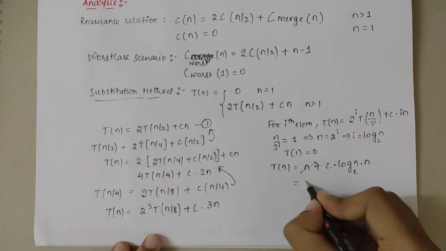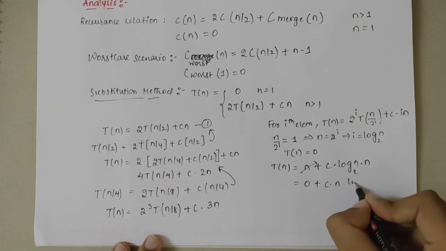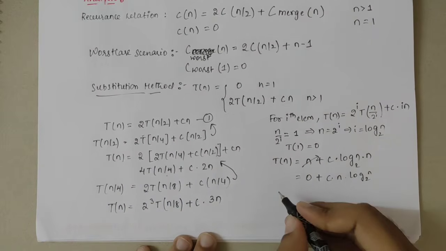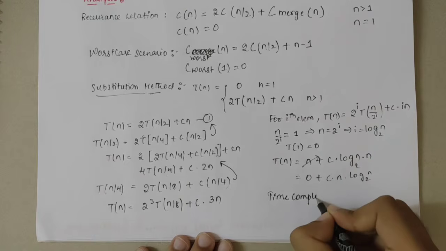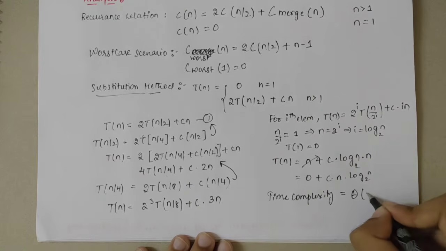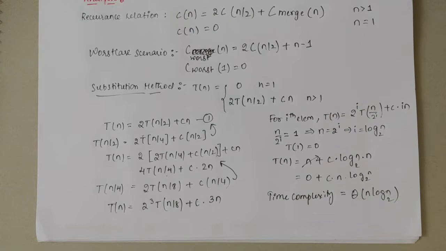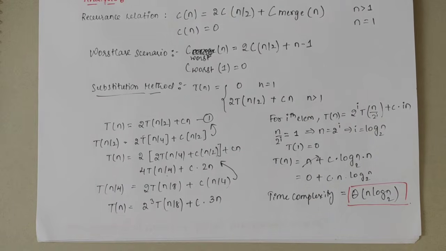So 0 plus here I have C into n into log n to the base 2. So I can write the time complexity as theta of n log n to the base 2. This is the time complexity using the substitution method for merge sort.